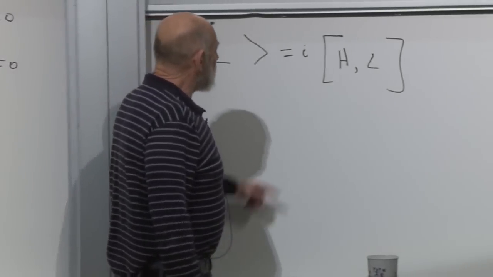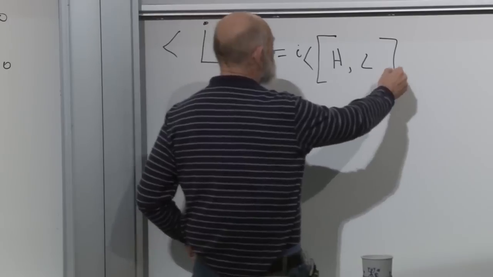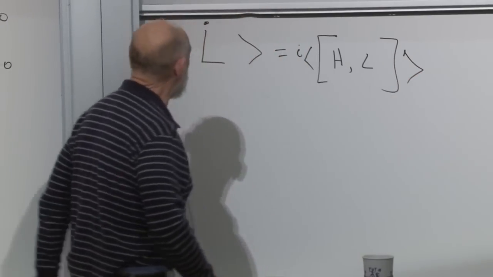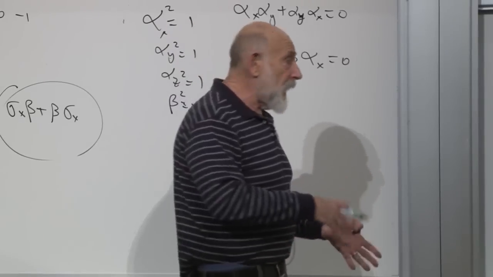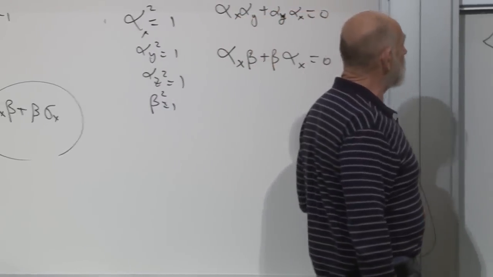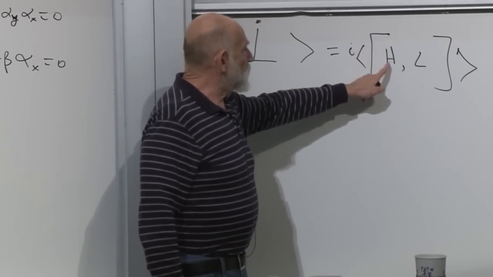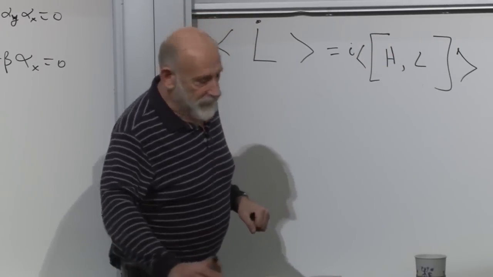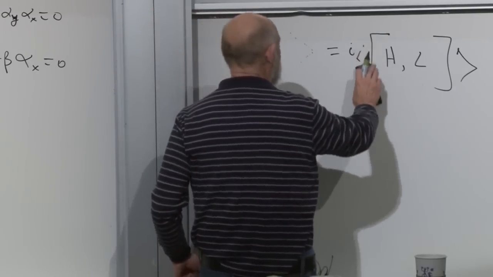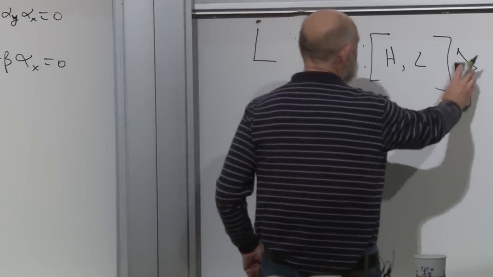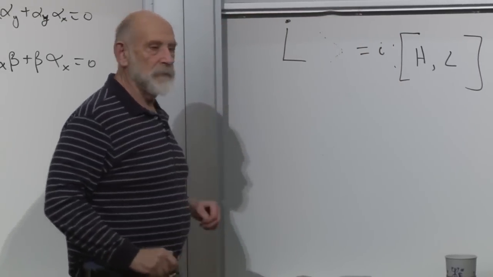Okay. The time derivative of the expectation value of L, you can just think of that as the average time derivative of L, is equal to i times the commutator of H with L. In fact, you can even erase these brackets here and just write it formally, the formal equation that L dot is this.